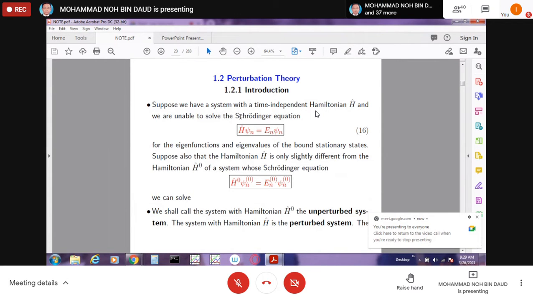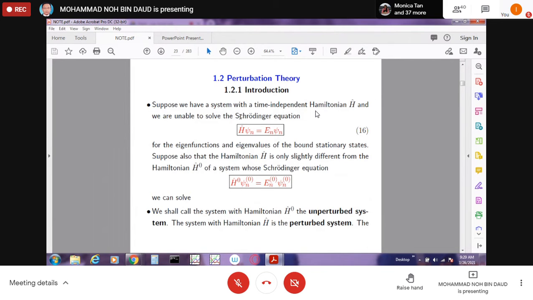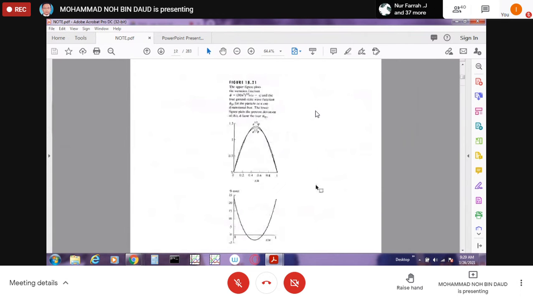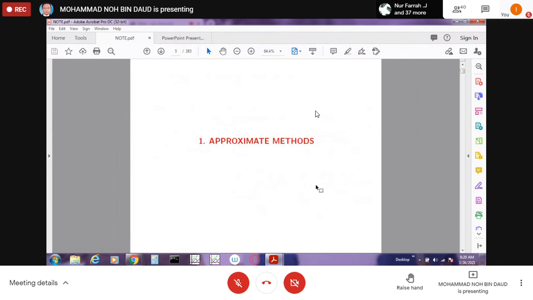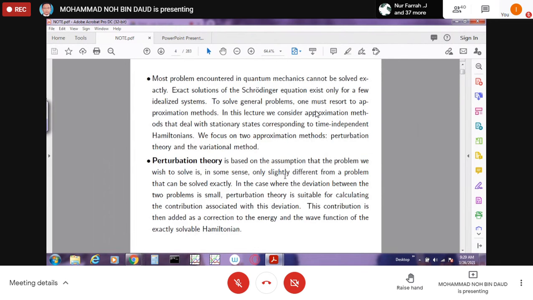We use perturbation theory when the Hamiltonian operator for the given problem slightly differs from the exact or true Hamiltonian operator. Please refer to this first statement in this introduction.